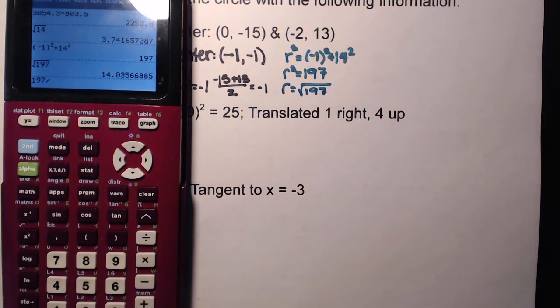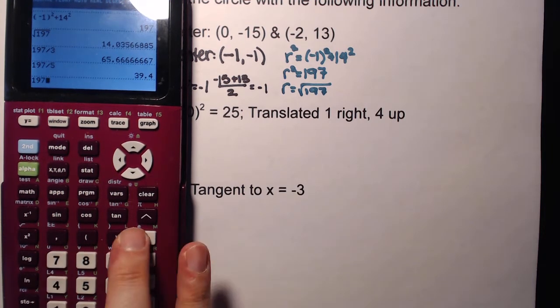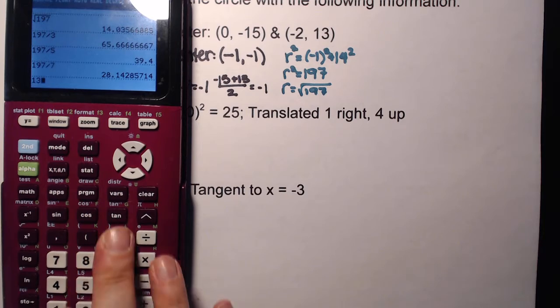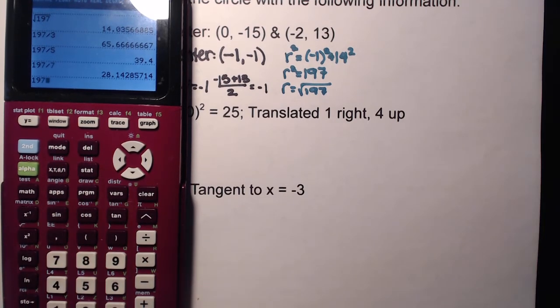Let's divide it by, well, it's not even, so let's try dividing it by 3. Nope. Let's try dividing it by 5. Nope. Let's try 7. Nope. If it's not divisible by 3, it's not divisible by 9. I could do 11.